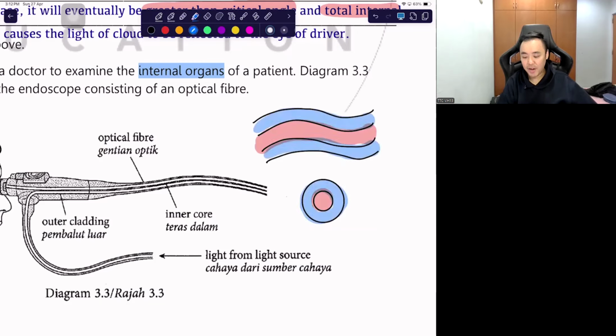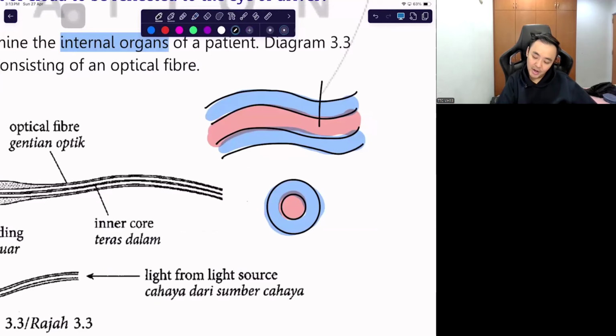We have names for them. The inside layer, the red color part, we call the inner core. Then the outside layer is called the outer cladding. One very important thing you need to know is the material choice.